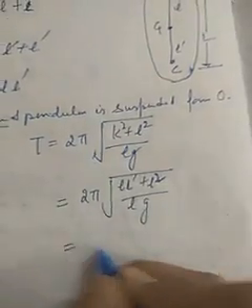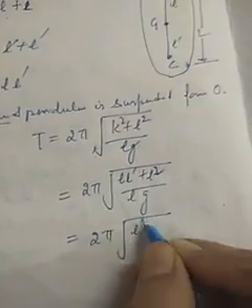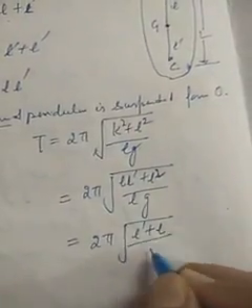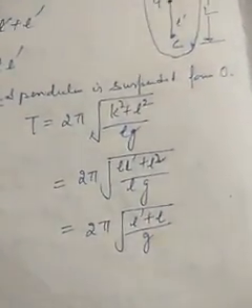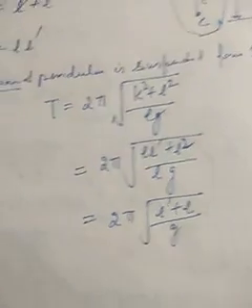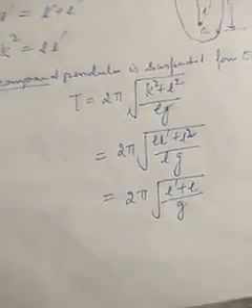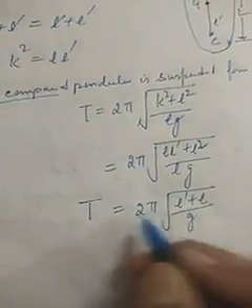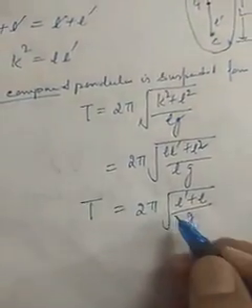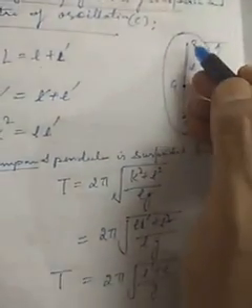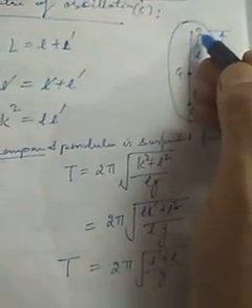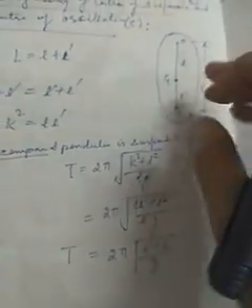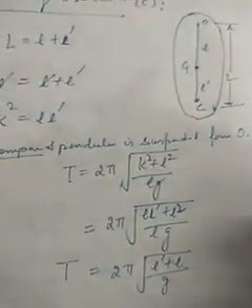So can I write it as 2 pi square root of L prime plus l divided by g, right? This is the expression in terms of L prime for the time period when your pendulum is suspended from point O.